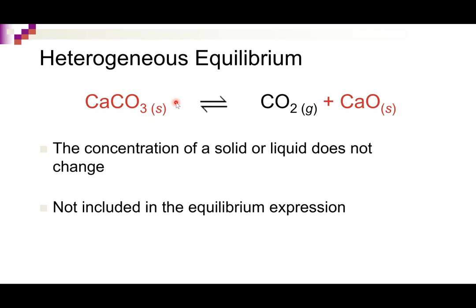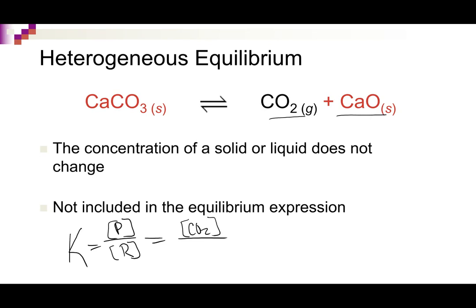So how would I write the equilibrium constant K for this expression? Okay. So K, remember, is concentration of products over concentration of reactants. When I look at my products, I've got two products. I've got carbon dioxide, and that's a gas, so that absolutely gets included. And then I've got calcium oxide, but that's a solid, so it does not get included.